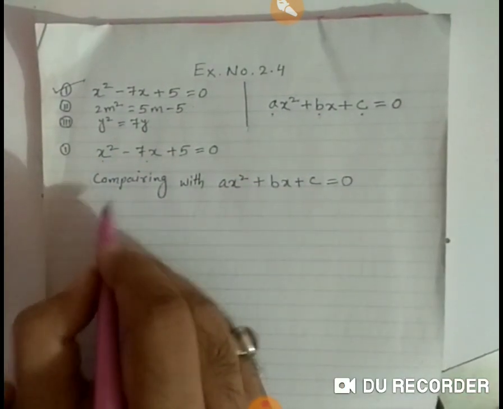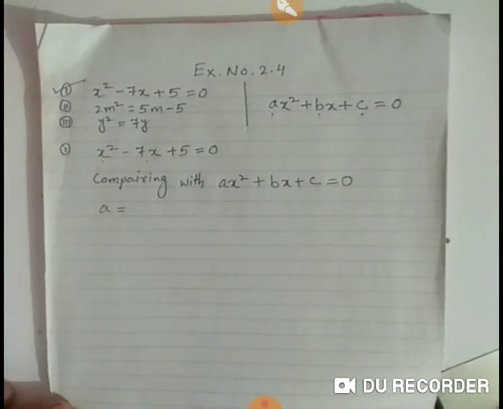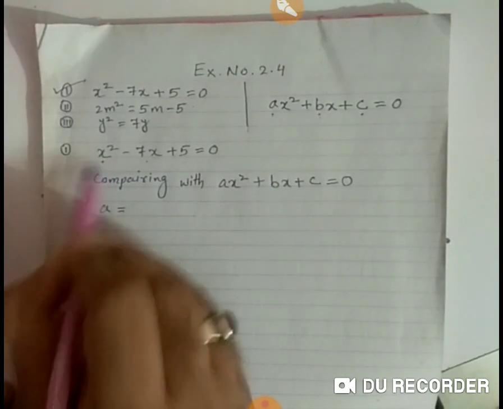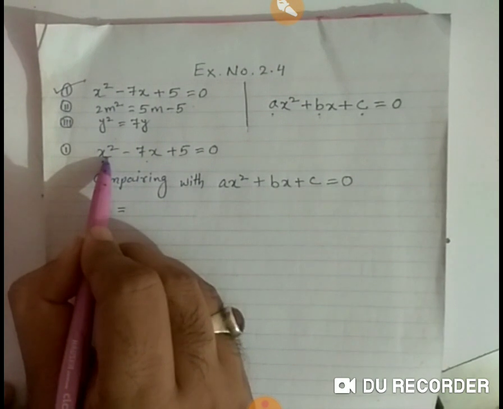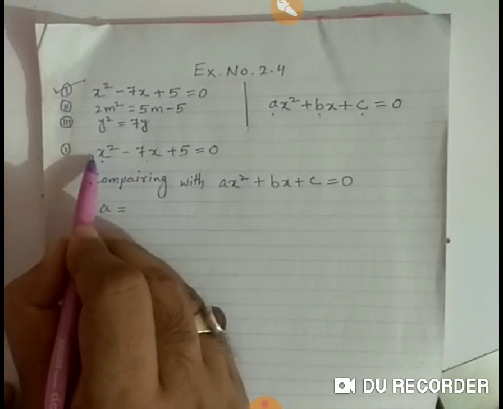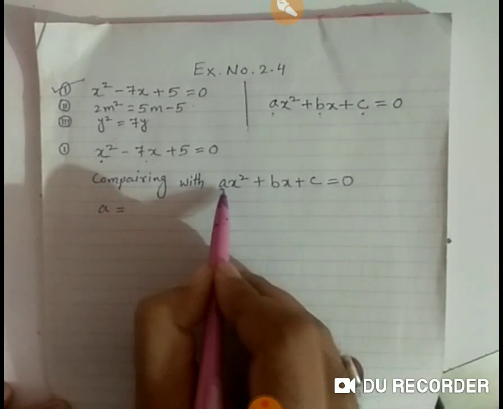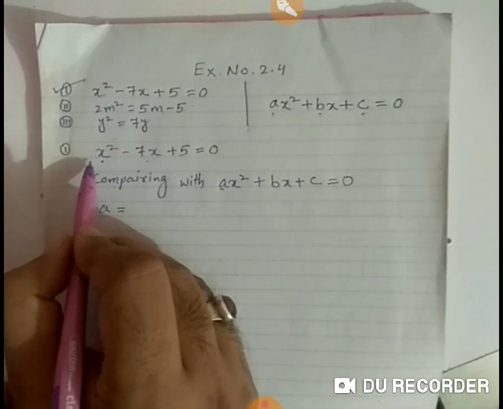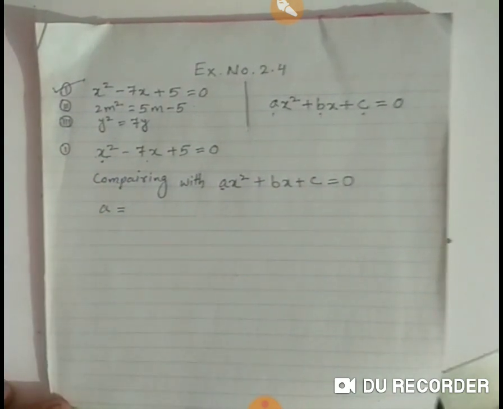So when you make the comparison, what is the value of a? This is your first term, this is 1x square. So in the place of a, we have 1 in this equation, right? 1 is not written with the x square, but whenever there is no number along with a variable, we consider 1.